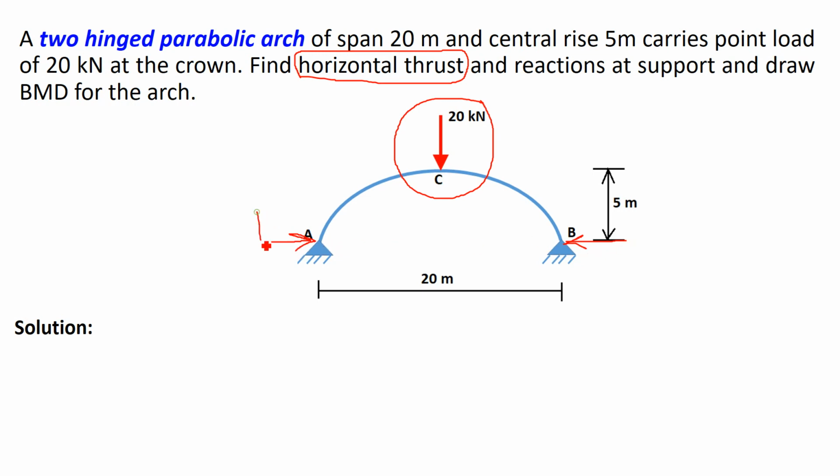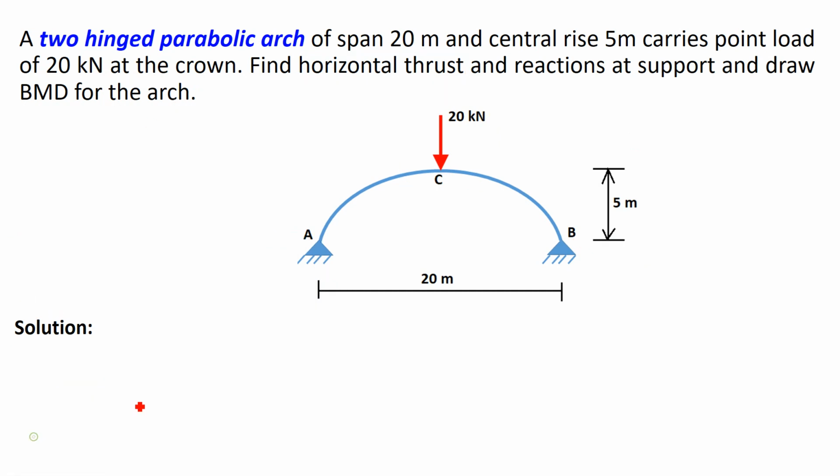These are represented as H. The vertical reactions are RAV and RBV. Our task is to find these reactions, the horizontal thrust, and finally the maximum bending moment and draw the bending moment diagram.